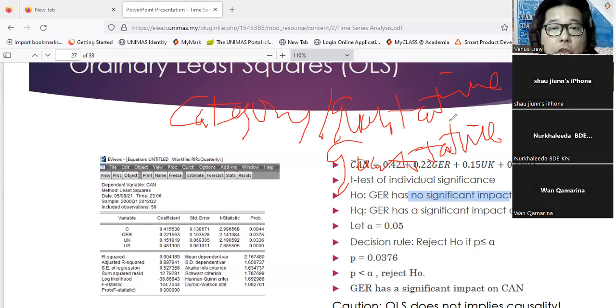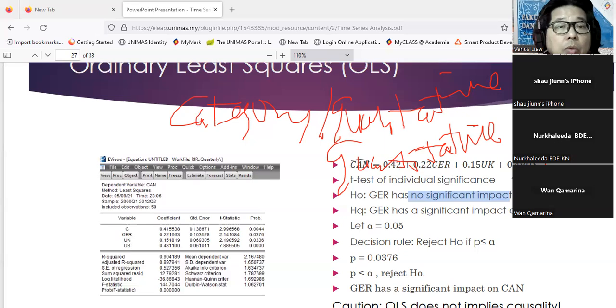If all your variables are quantitative, you can do as usual. If your variables have categories, then you have to do different treatment, not the ordinary specification like this anymore.